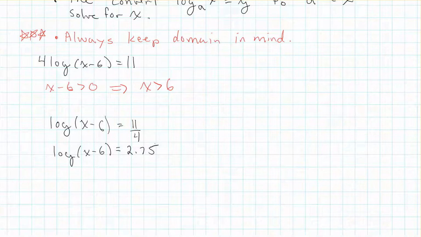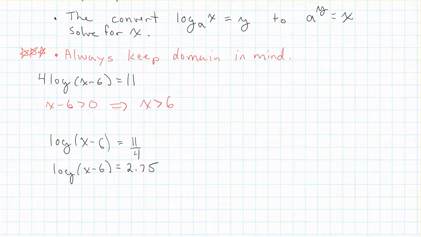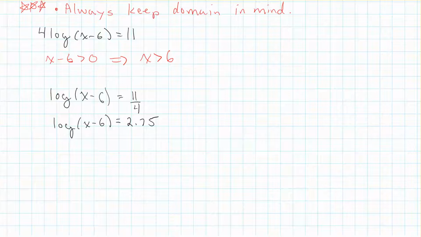And now we're going to go ahead and change this using a to the y equals x. So you have to think about what's the base here. The base on the common log is, even though we don't write it here, 10.